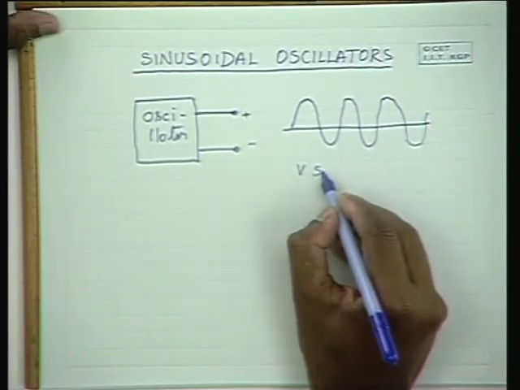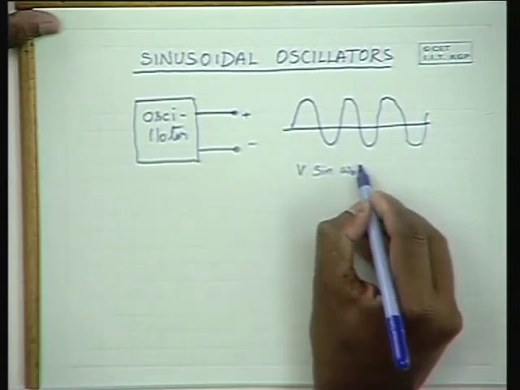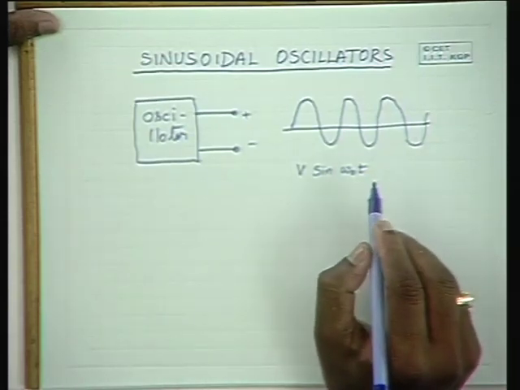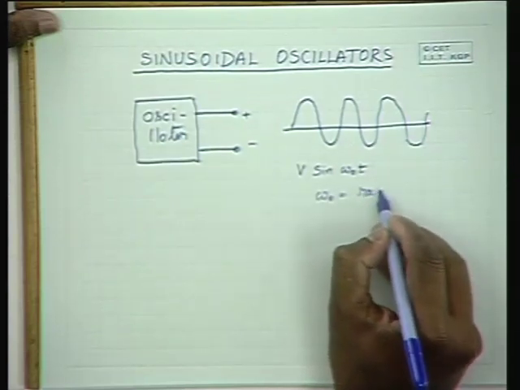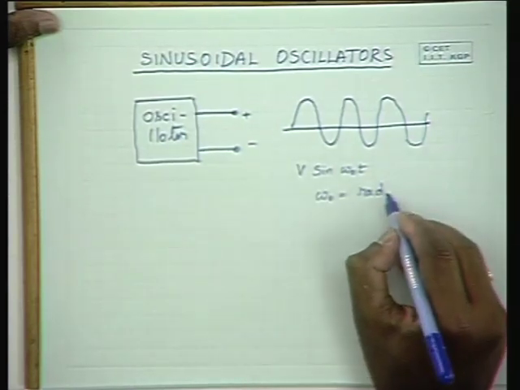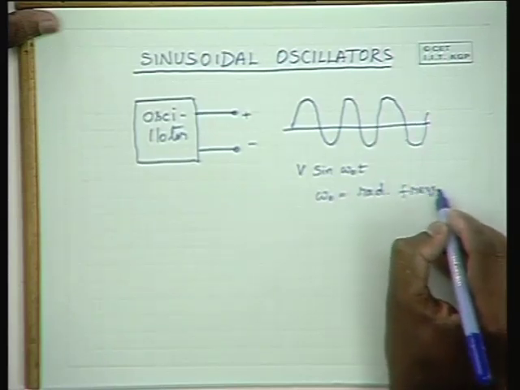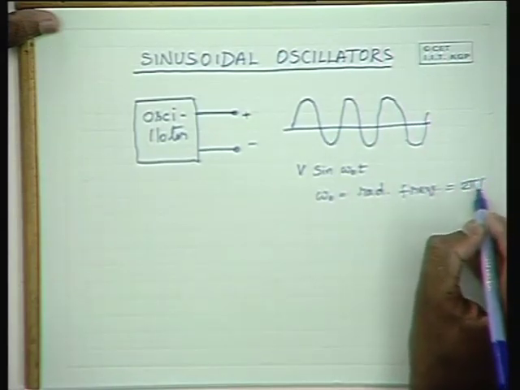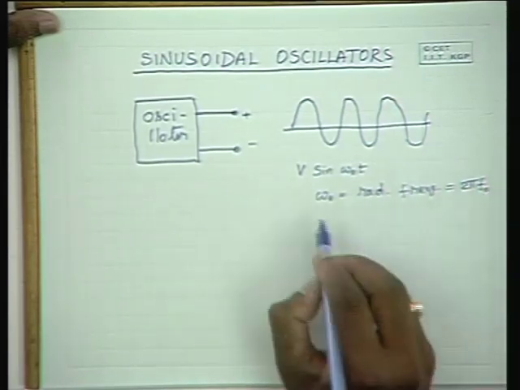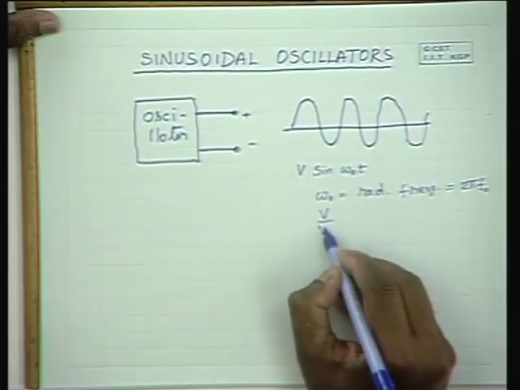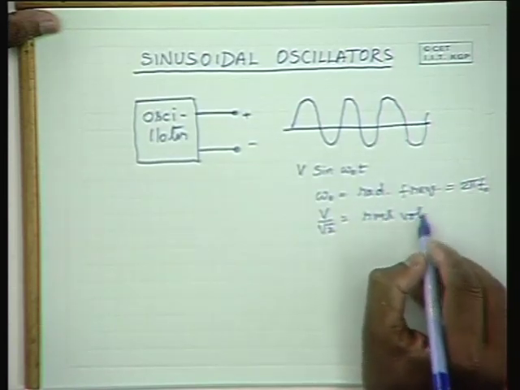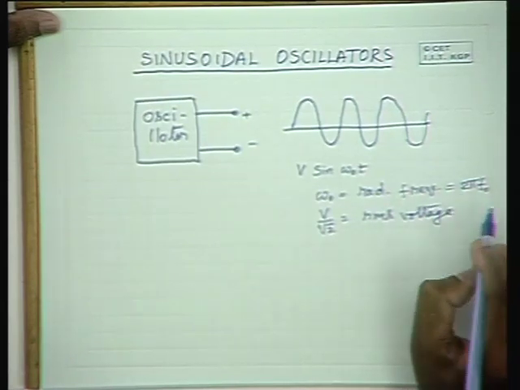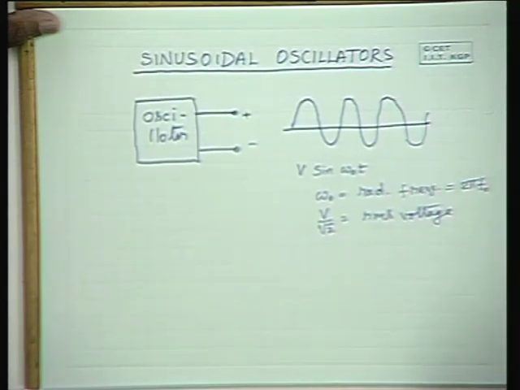So, it is V sin omega naught t, where omega naught is the radian frequency of the waveform, which is equal to 2 pi into f naught, the absolute frequency, and V by square root of 2 is the RMS voltage of the sinusoidal output, whereas V is the peak voltage and 2V is the peak to peak voltage.